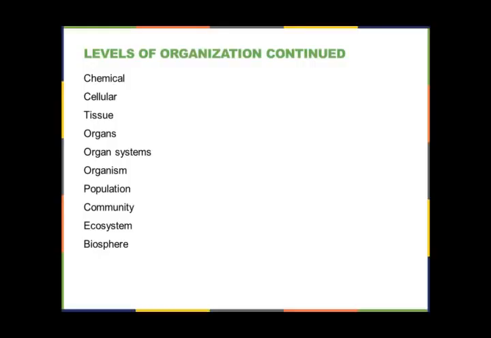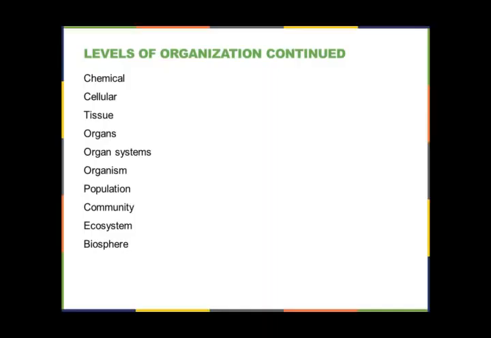The organism is the total living individual. A population is going to be a group of individuals of the same species that are living together, where a community is going to be a group of different species all living together. The ecosystem is going to take into account all of the different communities as well as the non-living factors.